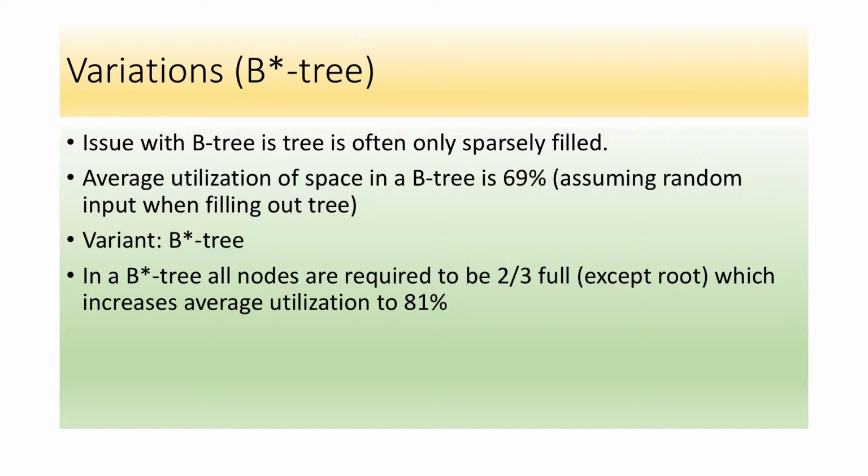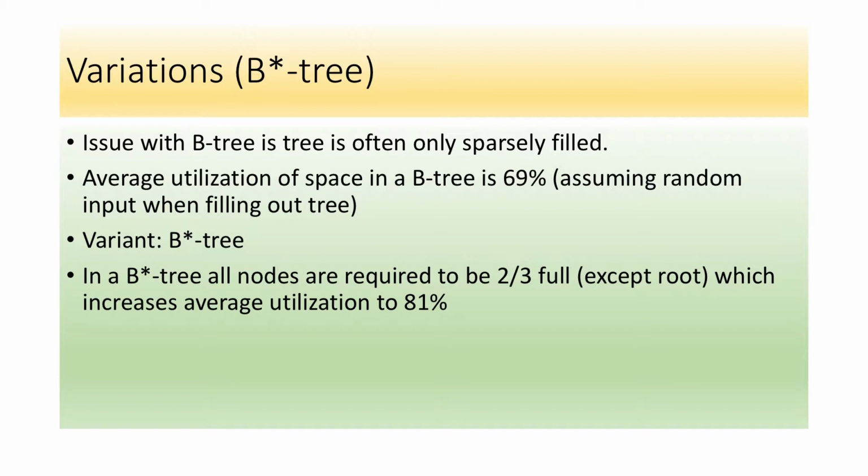So one of the problems with a B tree could be that you've got a lot of empty space. Okay, 69 percent empty space, if you just throw in random input. And that's not hard to figure out because you just make a B tree and throw random numbers at it and stop at a specific point and look and see how much has been utilized. Take the average of all those different trial runs and see what you got.